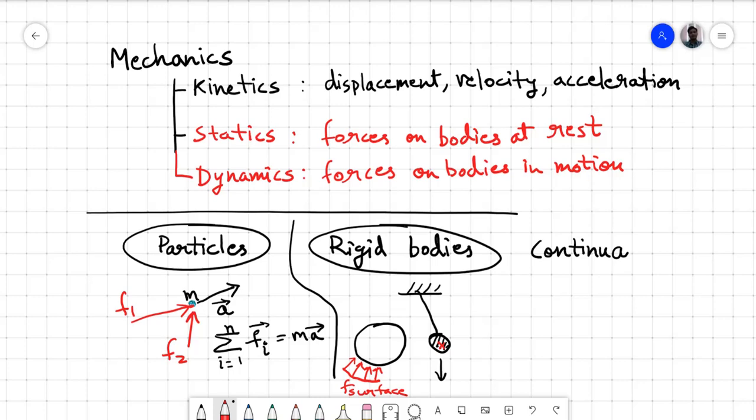So what you can do is find a resultant of this force, the net force acting on this body and the net torque acting on this body. Then you can find the rotation as well as the translation for this body.